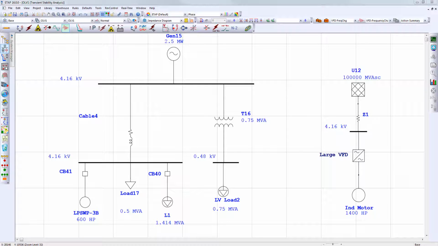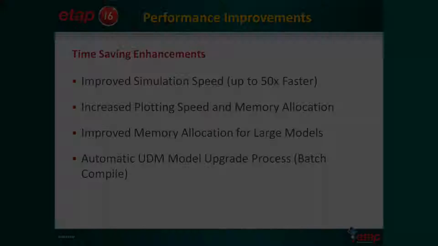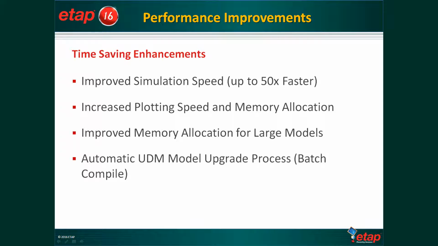I would like to continue next with the showcase of the second most important enhancement to ETAP 16 UDM, and that is the performance of the program. In ETAP 16, we essentially redid the entire engine, and we enhanced the speed and the memory allocation for larger models.